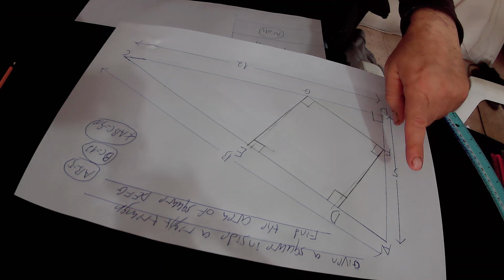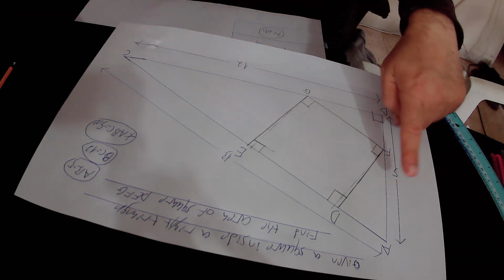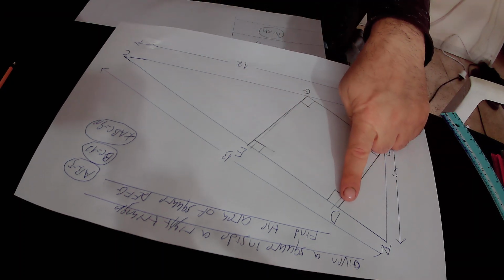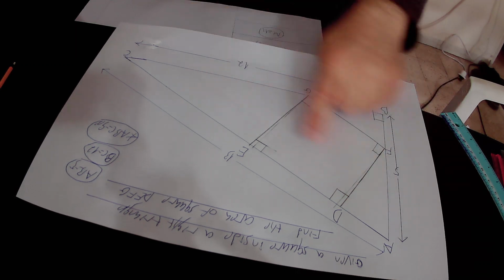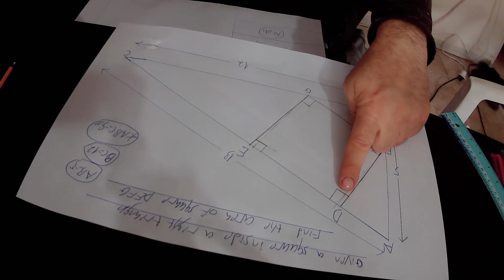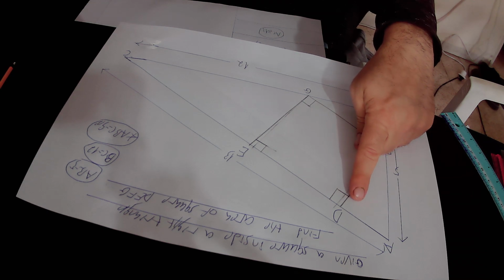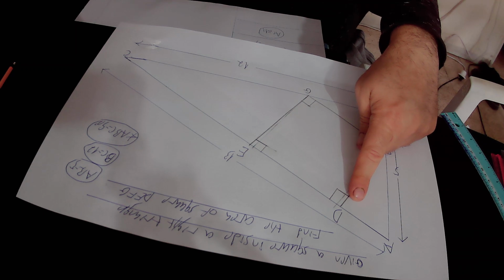So if we focus on the lower side of the straight line AC here at point D, the sum of the angles must be equal to 180 degrees according to the rule that I mentioned. So which angles do we have at the lower side of AC at point D? Here we have this angle that is 90 degrees plus the missing angle. In total, the sum of those two angles must be equal to 180 degrees according to the rule that I mentioned. So the missing angle here must be equal to 90 degrees in its size.